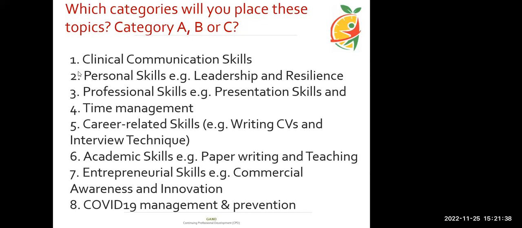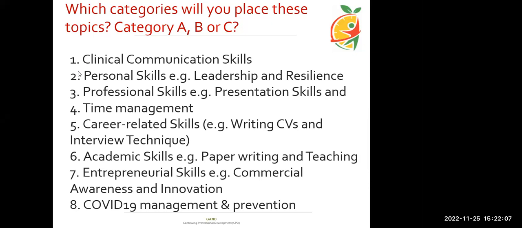Hello. Time management, I also think is category B. Okay, would you want to share your reasons? Feel free, there is no right or wrong answer, and in the end, it depends on how you use it. Can you explain why? My reason is that time management is about quality of work.